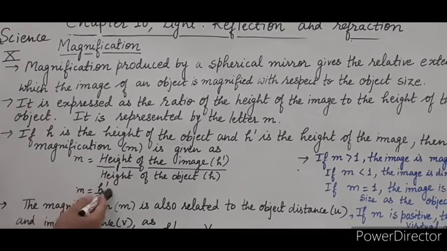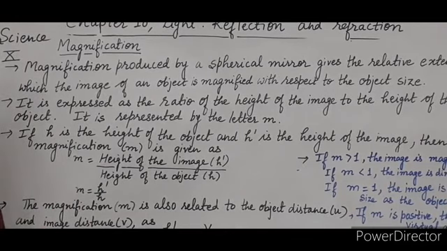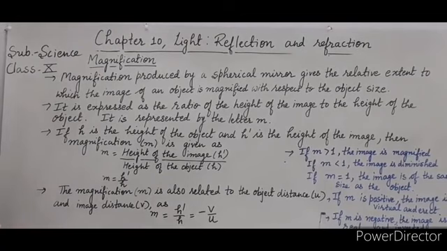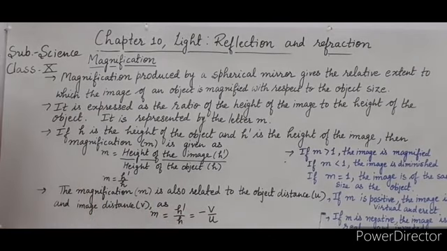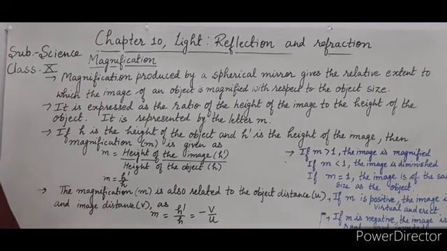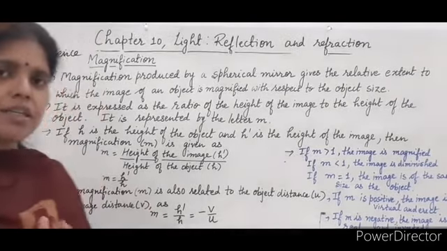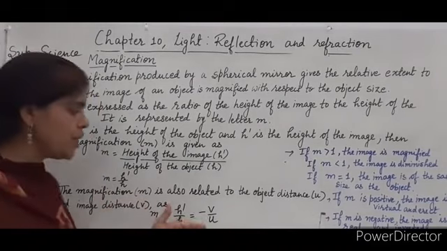The magnification is also related to the object distance and the image distance, expressed as m is equal to minus v upon u.